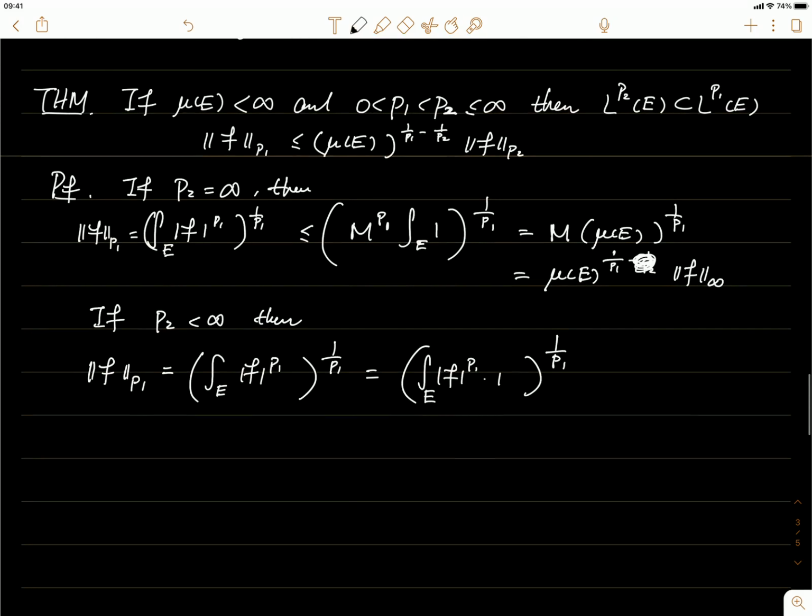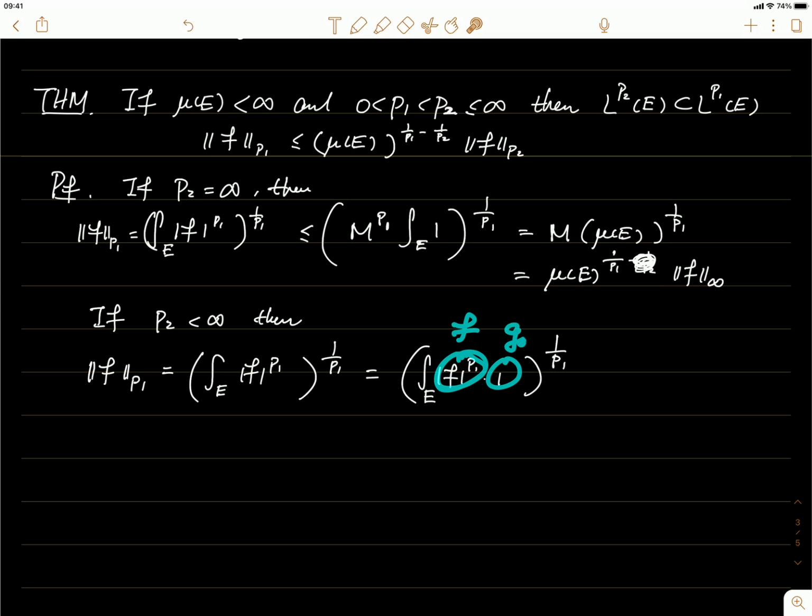And now let's treat this as the one norm of this times this. So this is like the F, this is like the G. And remember previously we showed Holder's inequality, that this is less than or equal to the P norm of F times the Q norm of G for conjugate P and Q.